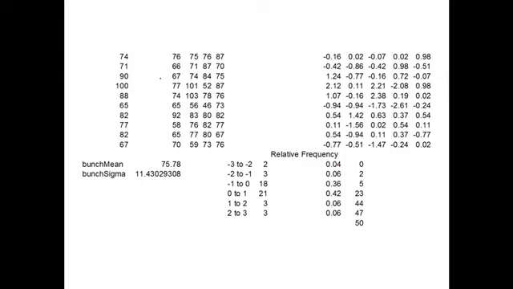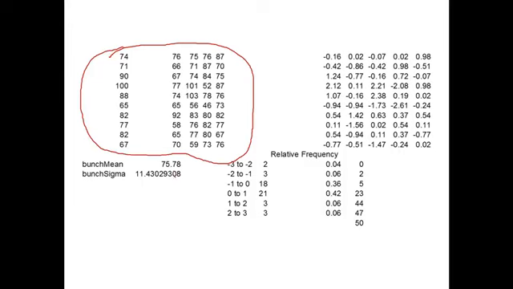Okay, so let's look at some data here. Here I have data. It looks like the scores from an exam. I took the mean of these scores. I got 75.78, and you're right, I should have rounded this off to 75.8, but we're being a little sloppy here.